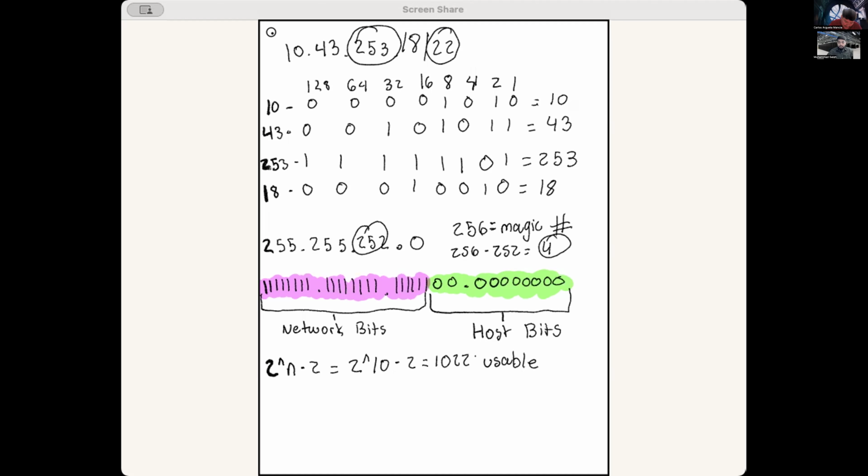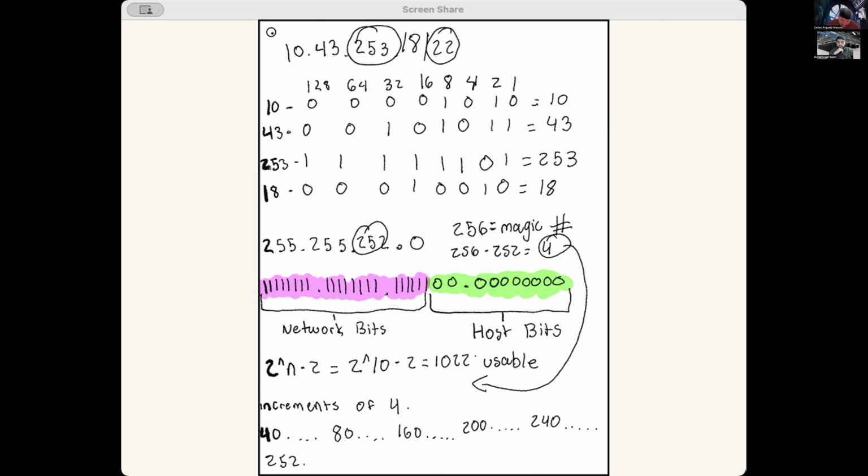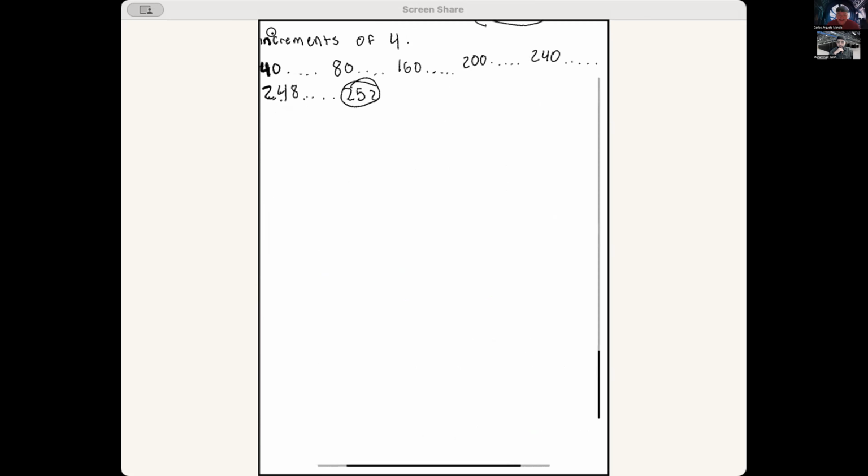Increments of 4: we'll do 40, 80, 160, 200, 240, 248, and 252. That is our closest one.